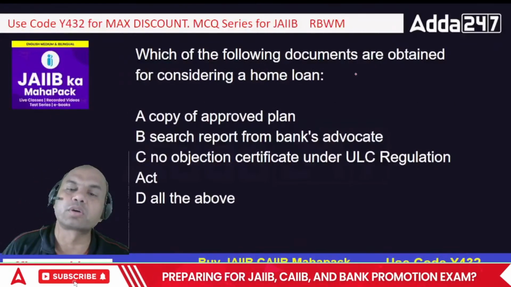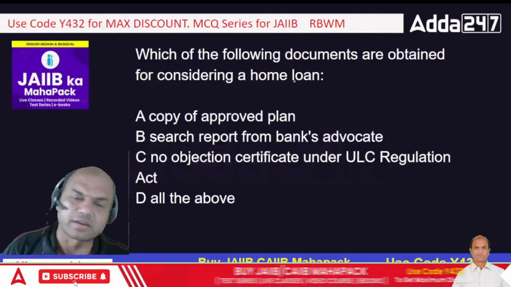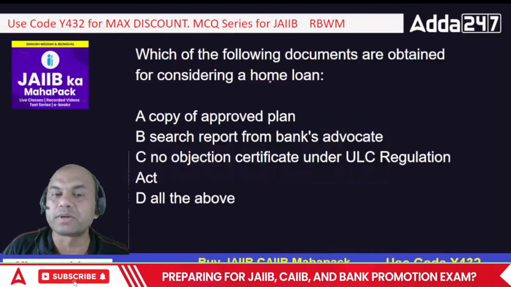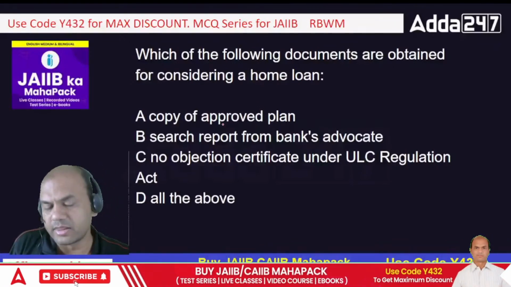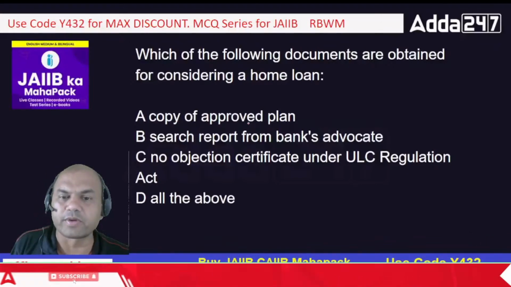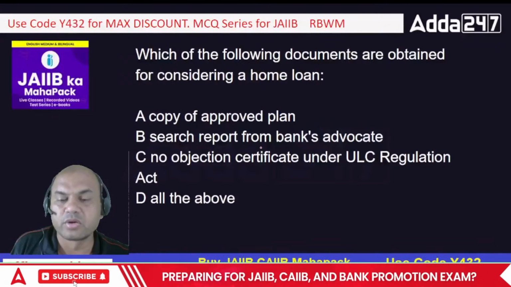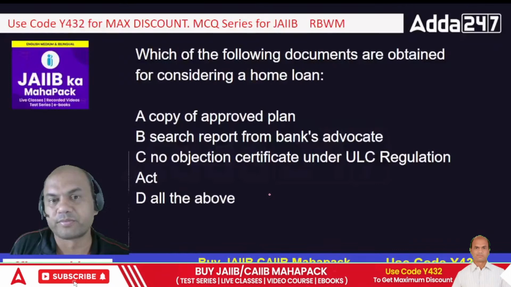Which of the following documents are obtained for considering home loan? Now see here the point which is asked is which of the following are documents, which means it's not limited to this. Let's look at the documents first: copy of approved plan, search report from bank's advocate, no objection under ULC regulation, and all of the above.